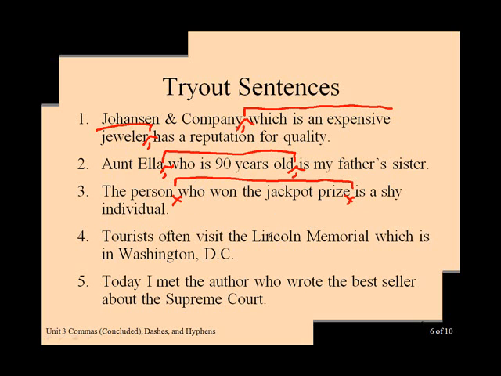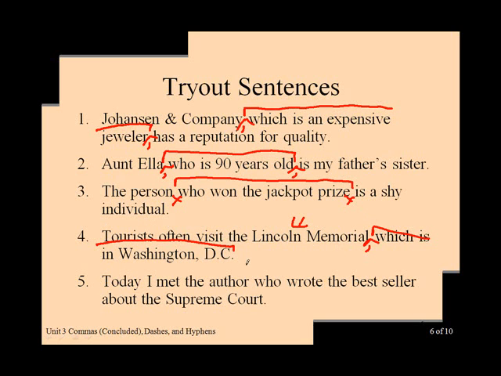Tourists often visit the Lincoln Memorial, which is in Washington, D.C. That was one of our dead giveaways because of the which. So we do not need that additional information. We already know that we're talking about the Lincoln Memorial, and this information is extra information about the Lincoln Memorial.